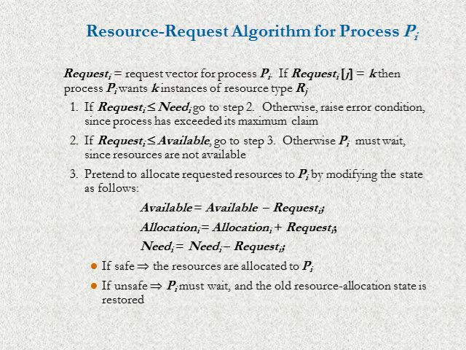The second component of Banker's algorithm is the resource request algorithm. In this component, we check whether a particular request of a process can be allocated or not. And how do we check it?